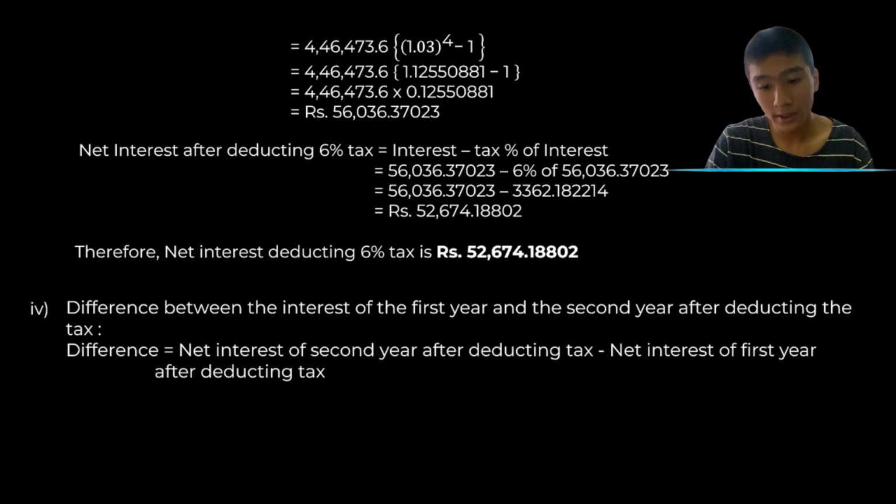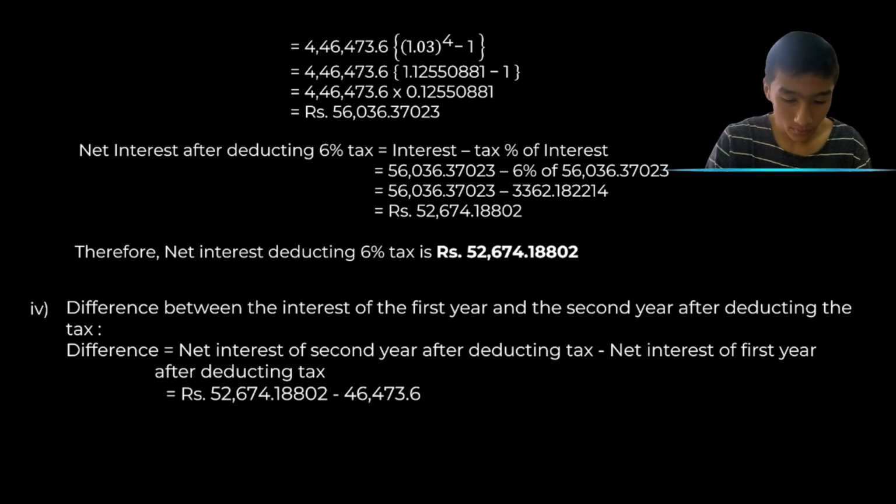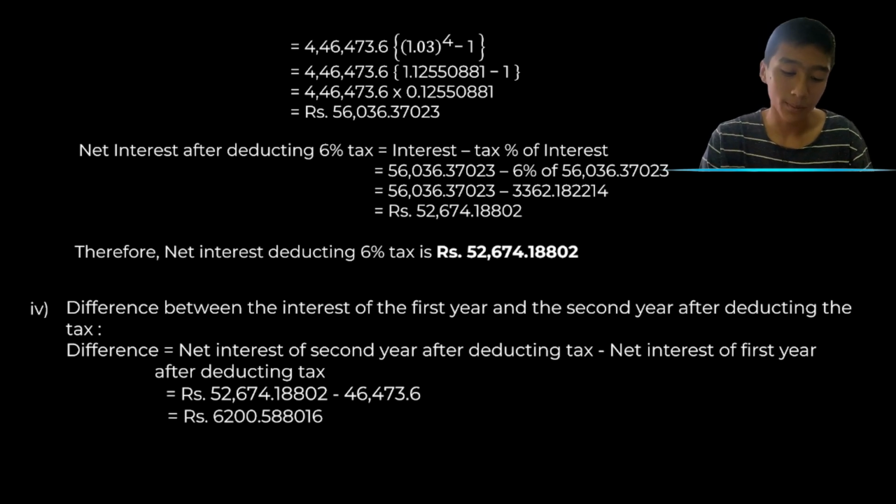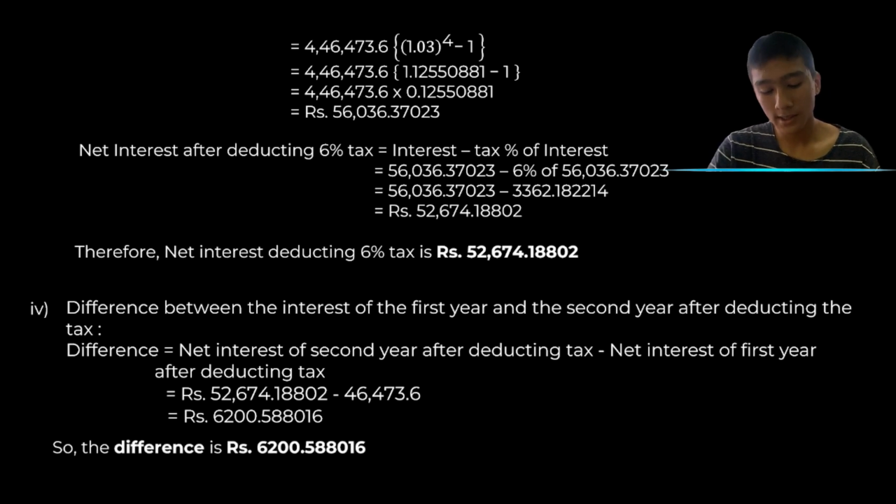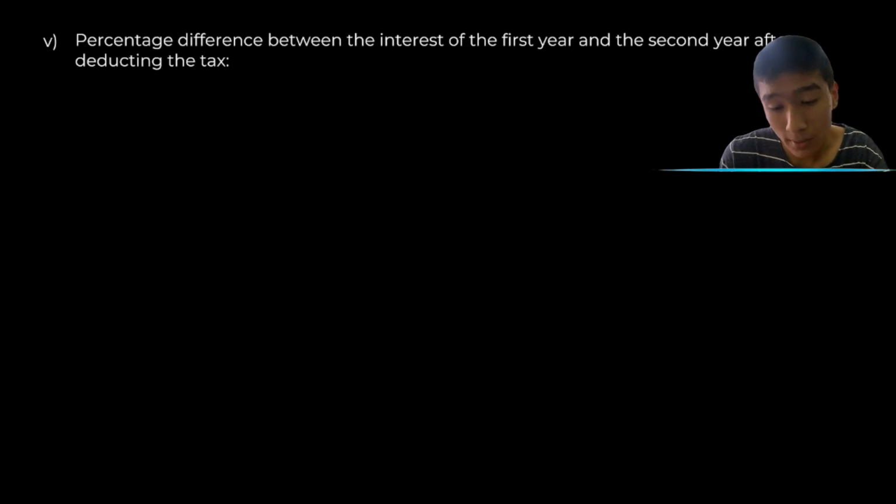Difference is equal to the net interest of the second year after deducting tax minus the net interest of the first year after deducting tax. 52,674.1882 minus 46,473.6 rupees is 6,200.5882. So the difference is 6,200.5882.